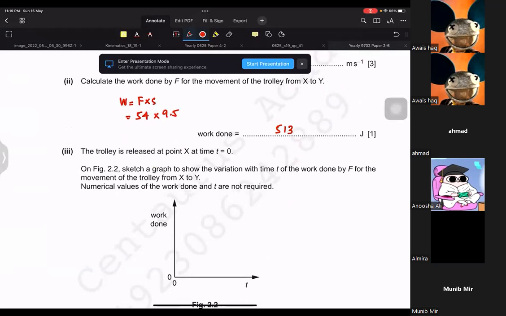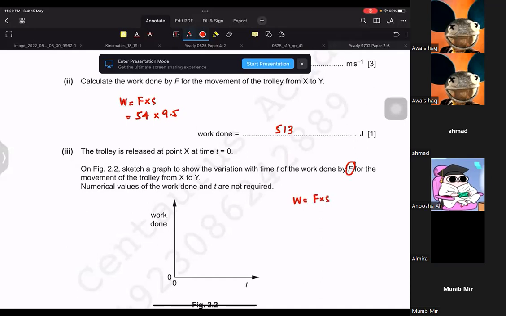Okay, that's something. Let me think about it. So force stays constant. However, the speed is increasing. When the speed is increasing, this force F is responsible, and work is force times displacement.